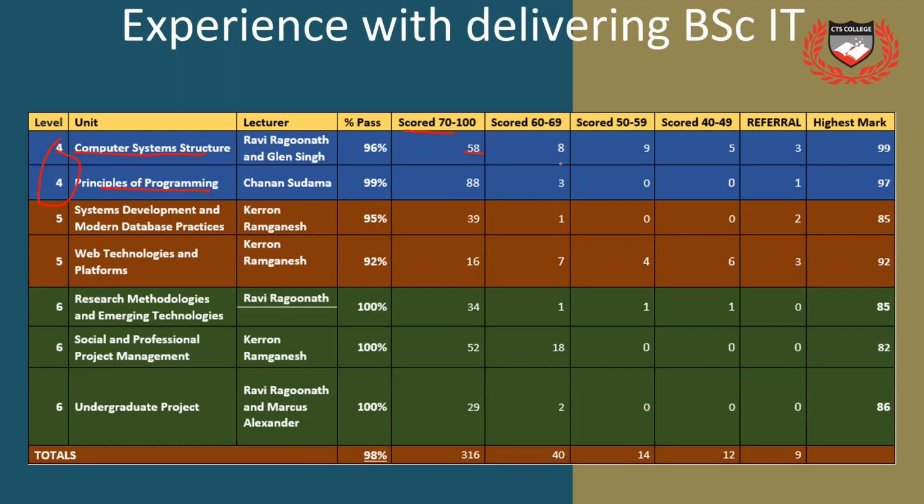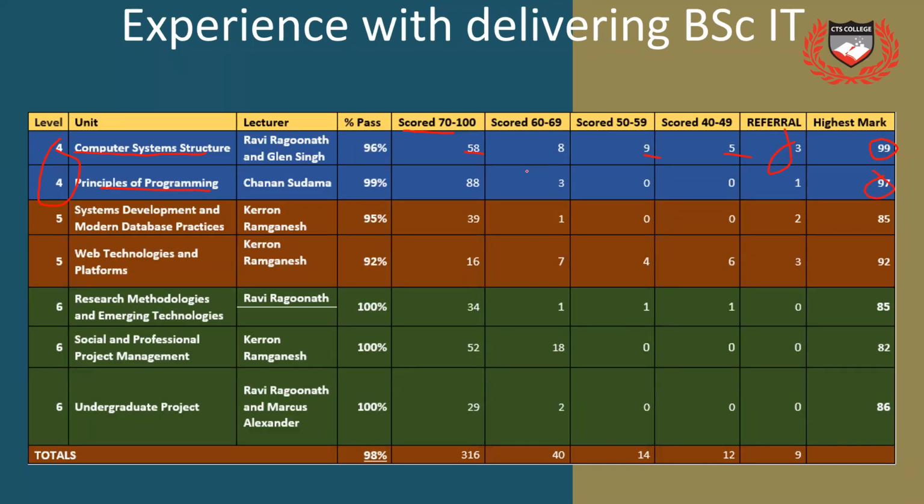We have 8 students scoring 60 to 69, 9 students scoring 50 to 59, 5 students scoring 40 to 49, and then we had some referrals, etc. And the highest mark for this particular semester for this unit was 99%, right? We have 97% for the other one as well.